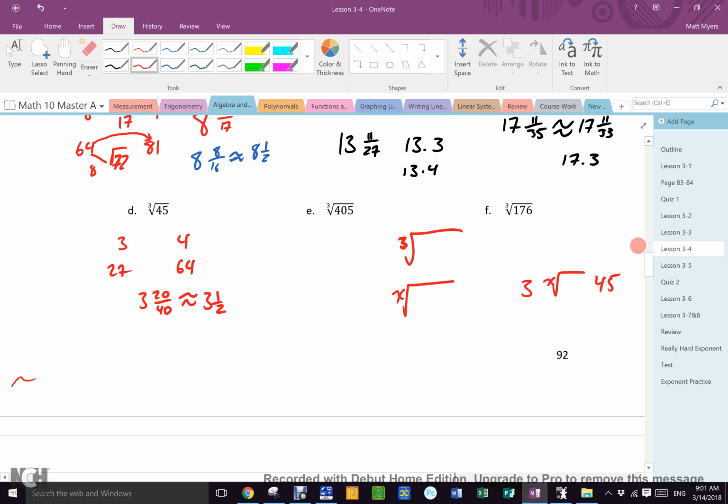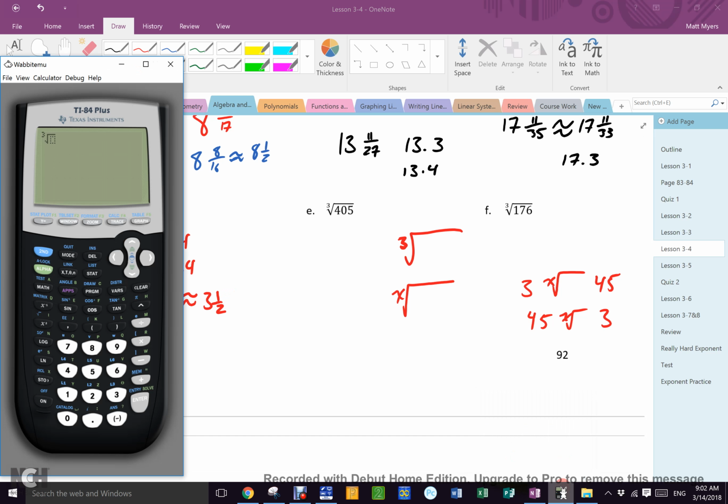But you might have a backwards calculator in which you have to go 45, x root 3. Everybody try to do it, and you should get a number around 3.5. 3.55. Can everybody find cube roots? Yeah? I'll just wait a moment to make sure everybody can do it.